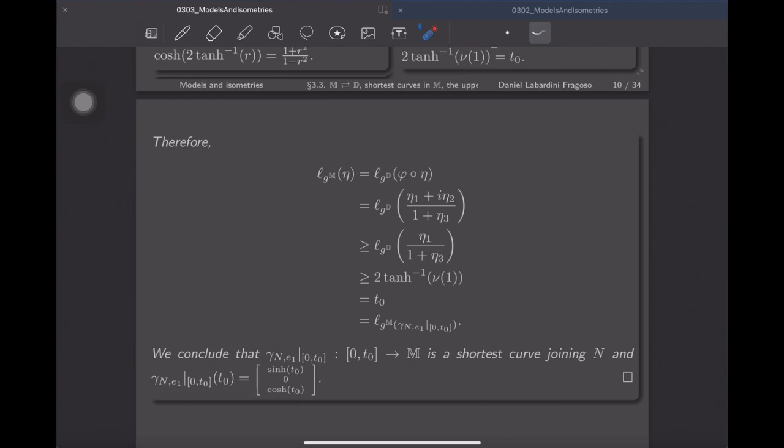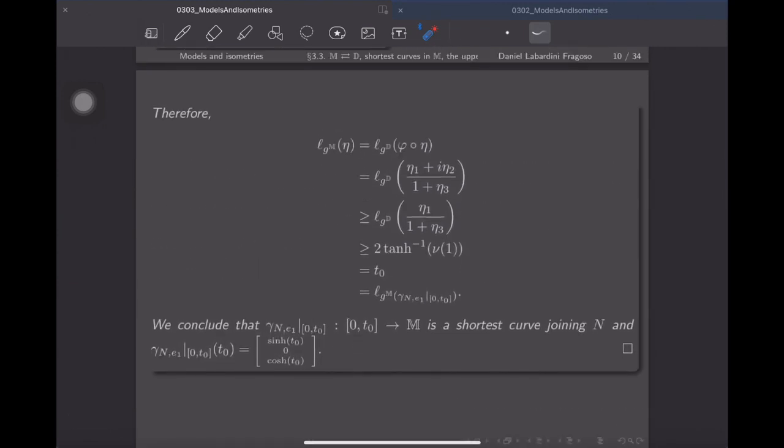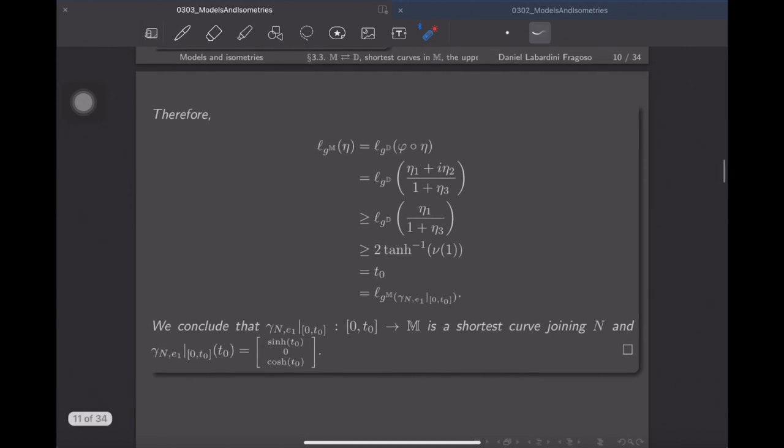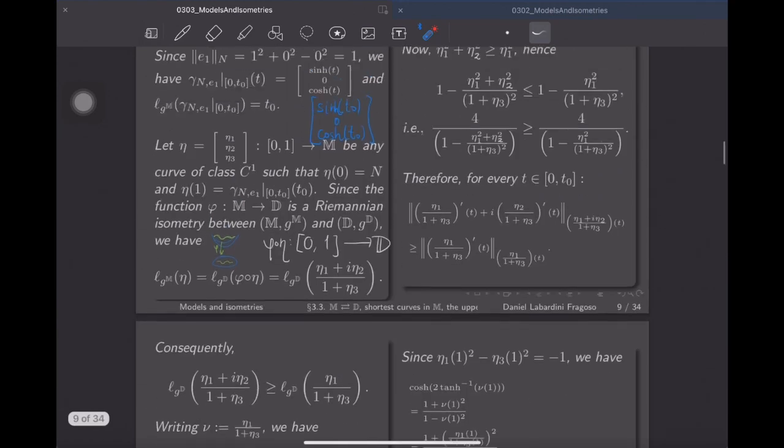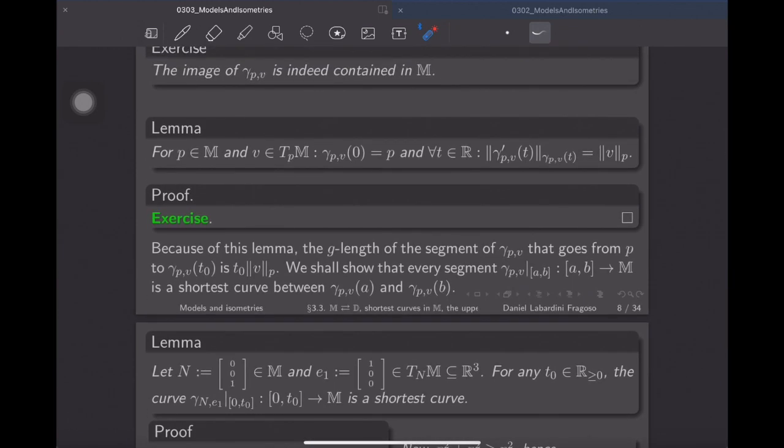So after all, my candidate curve is a shortest curve between the extremes. Right? Okay. Now notice the following. Okay, so okay, it was kind of some work, but we did it.